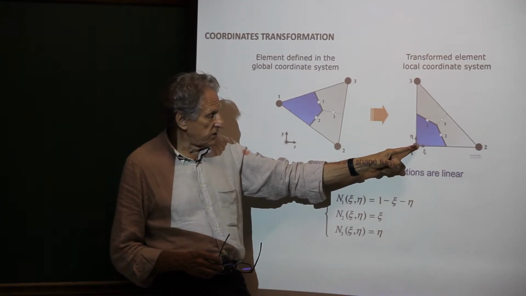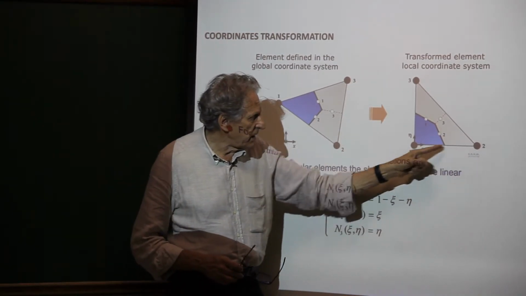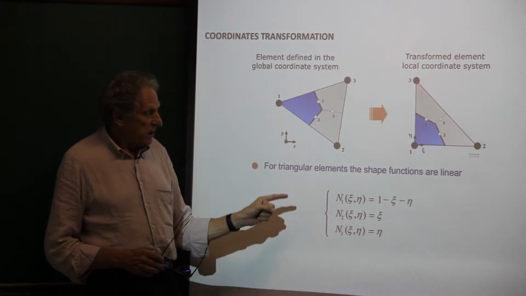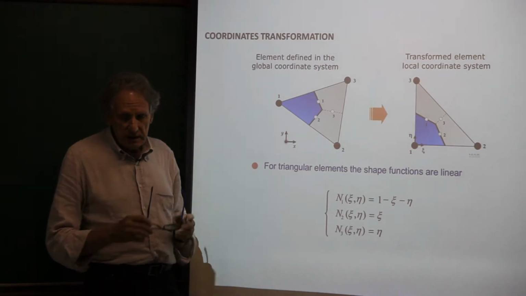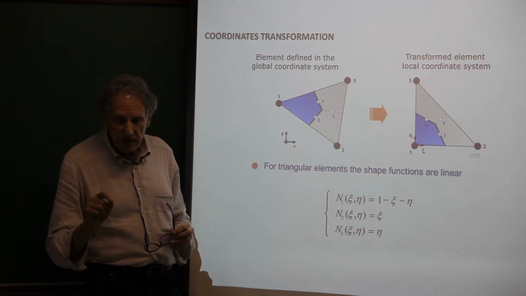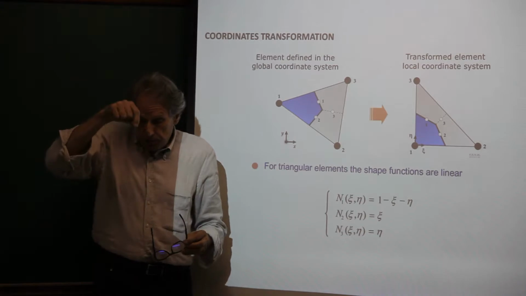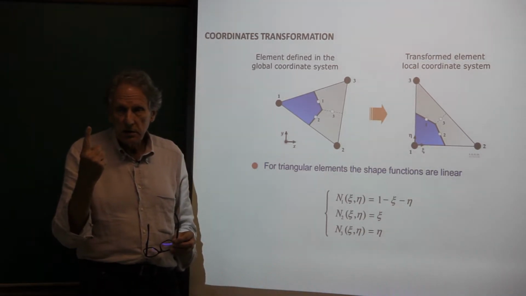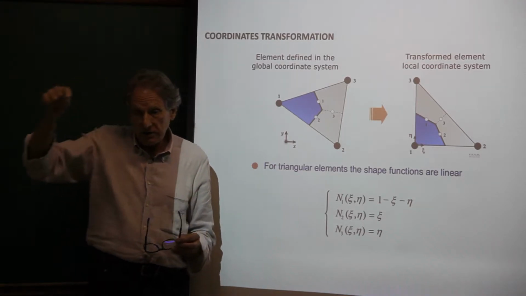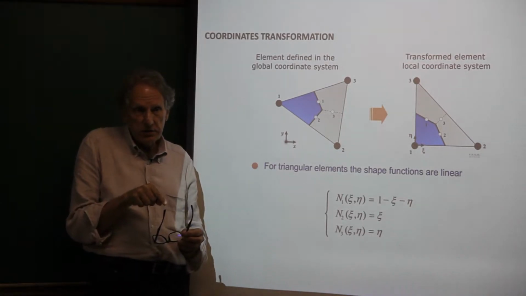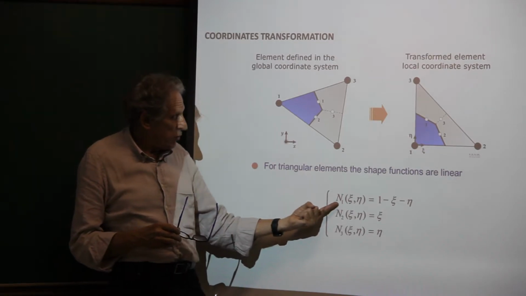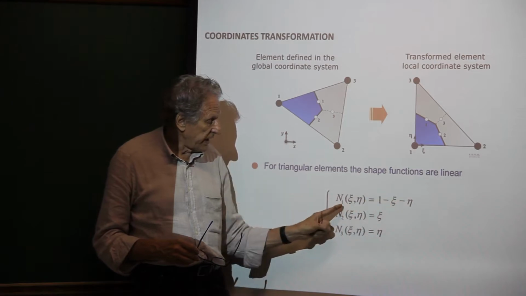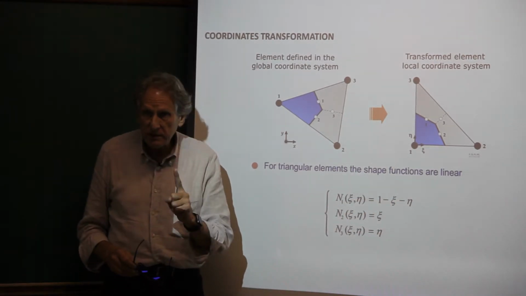Xi and eta 0, 0 here, and here the axes, and these are the shape functions. I didn't mention that the value of the shape function at the point where it is defined is equal to 1, and the other ones are 0 at that point. Let's say N1 at point 1, (0, 0), is 1.